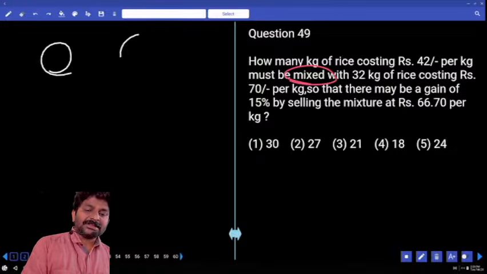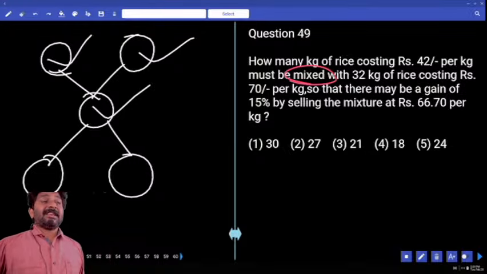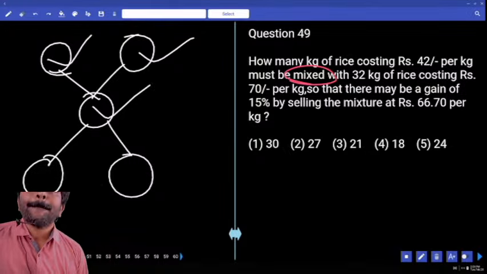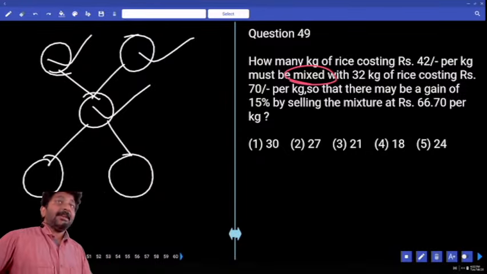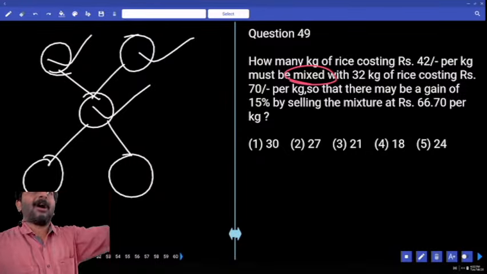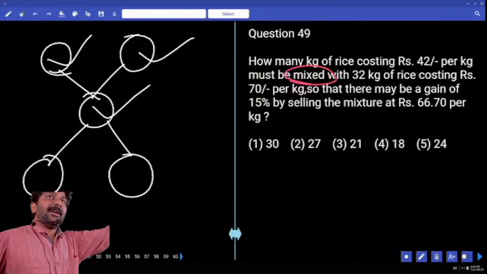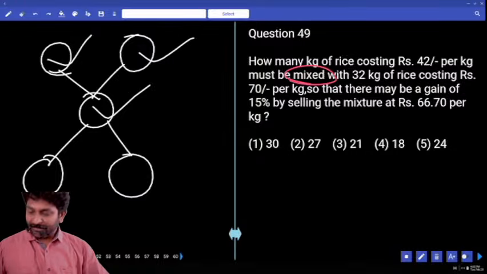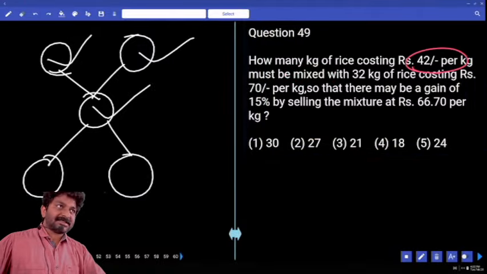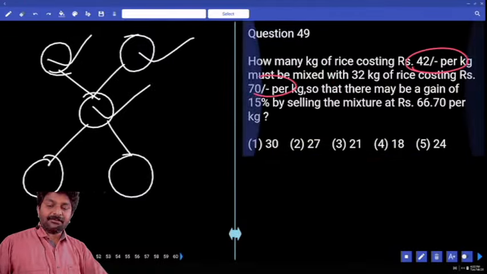Now, do you know this rule, that when you are using alligation and mixture, the first 2 numbers and the mixture, these 3 values must be of the same kind? That means if you are using percentage, all 3 must be percentages. If you are taking cost prices, all 3 must be cost prices. If you are taking selling prices, all 3 must be selling prices, correct? 42, what price is this? 70, what price is this?